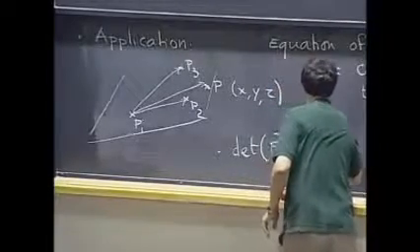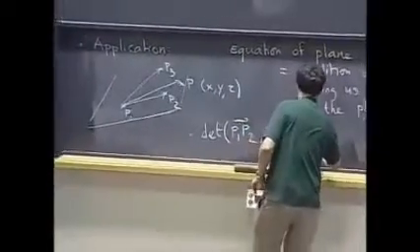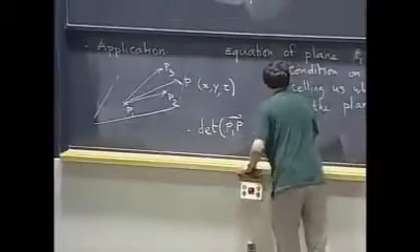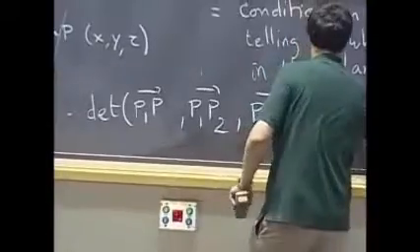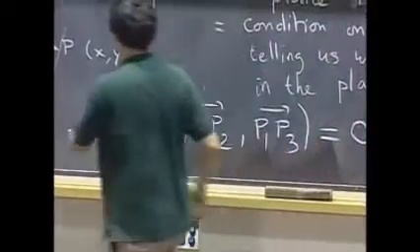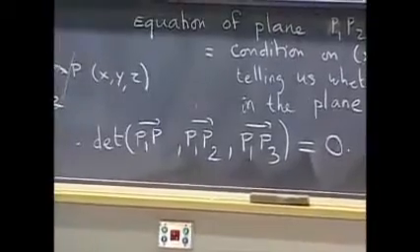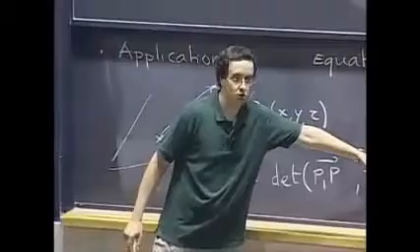Determinant of P1P2, P1P3, and P1P. Actually, let me do it in a different order. It doesn't really matter. So one possible way to express the condition that P is in the plane is to say that the determinant of these 3 vectors has to be 0.